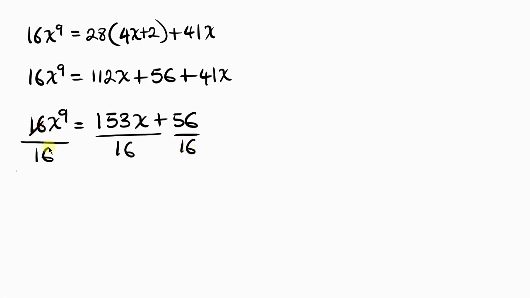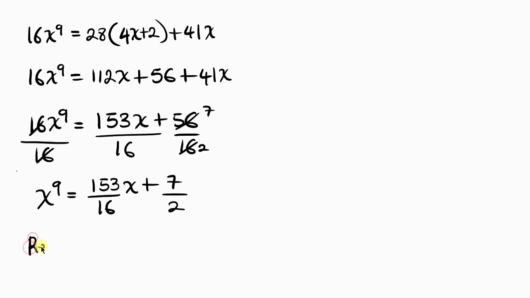Now 16 can go off, so leaving behind x to the 9 to be equal to 153 all over 16 times x plus, we can actually break this one down. 8 can go into 56, so 56 divided by 8 is equal to 7. And 8 can also go into 16, so 16 divided by 8 is actually 2. So I have 7 over 2 here.